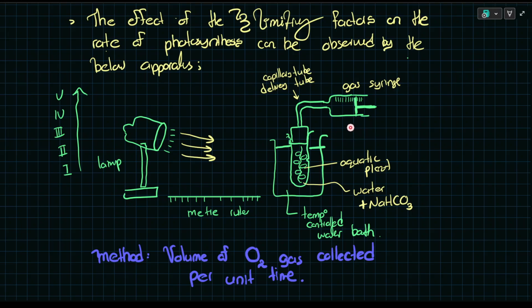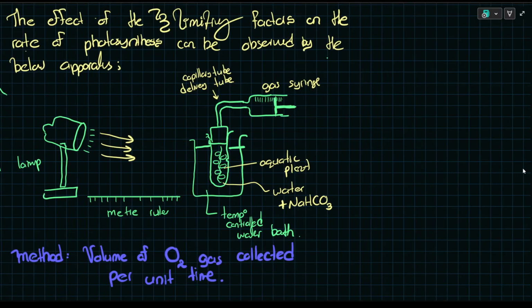On the volume. So, gas syringes have calibrations. So you will have 1 cm3, 2 cm3, 5 cm3, like so. So, for example, if I were to carry this experiment out, I will keep this apparatus for 5 minutes and measure the volume.